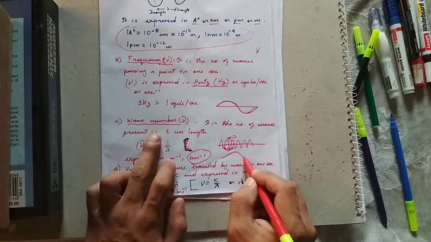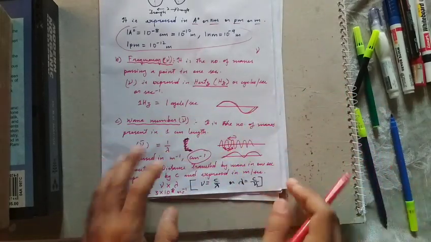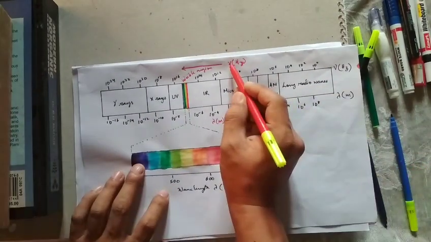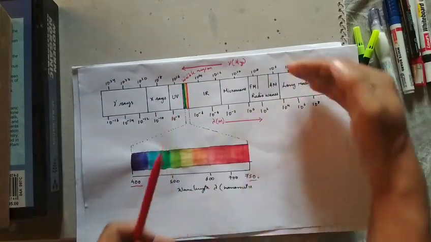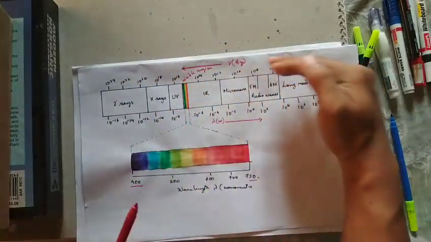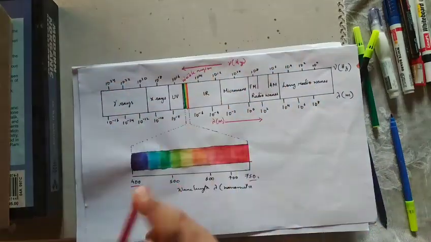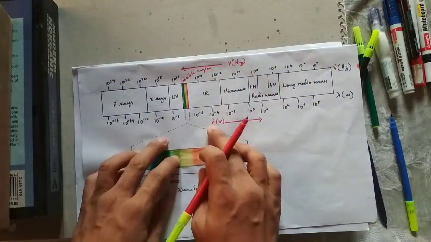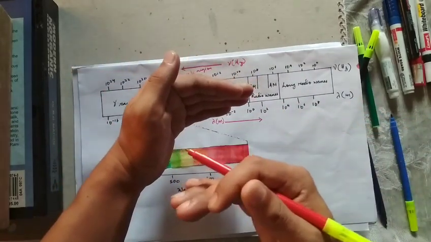Suppose the wavelength increases, then frequency will decrease. This can be seen through the diagram also. In the electromagnetic spectrum, frequency increases in this direction, and wavelength increases in the opposite direction. They are opposite.